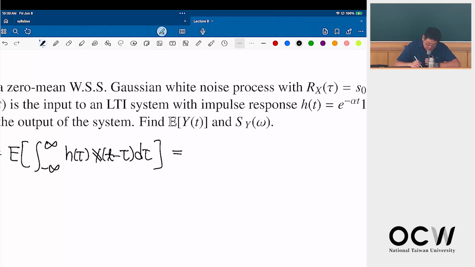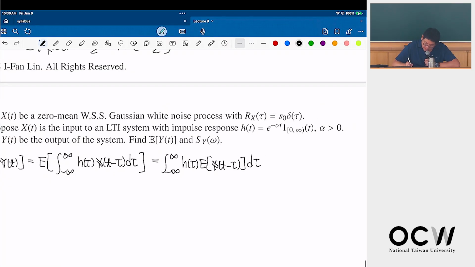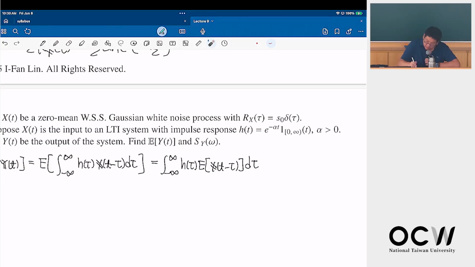And then we can put the expectation inside the integration. It'll be x of t minus tau, d tau. Zero mean. Okay, so this goes to 0. Therefore, the mean is 0.